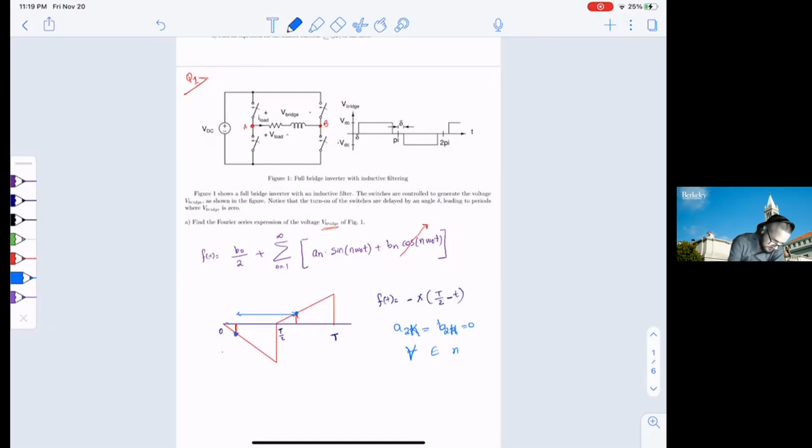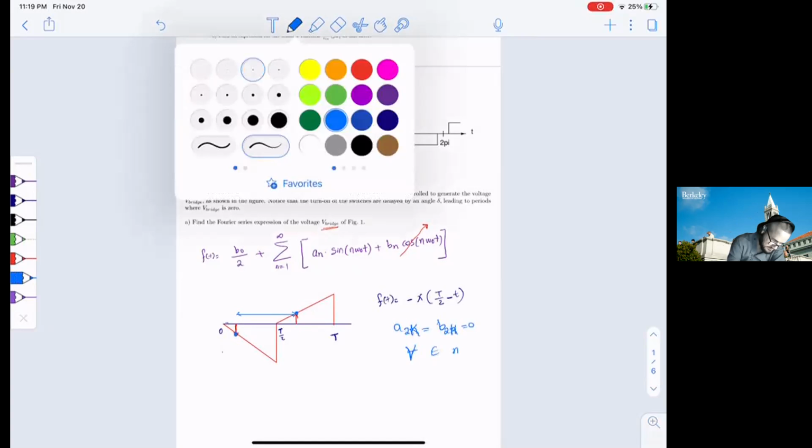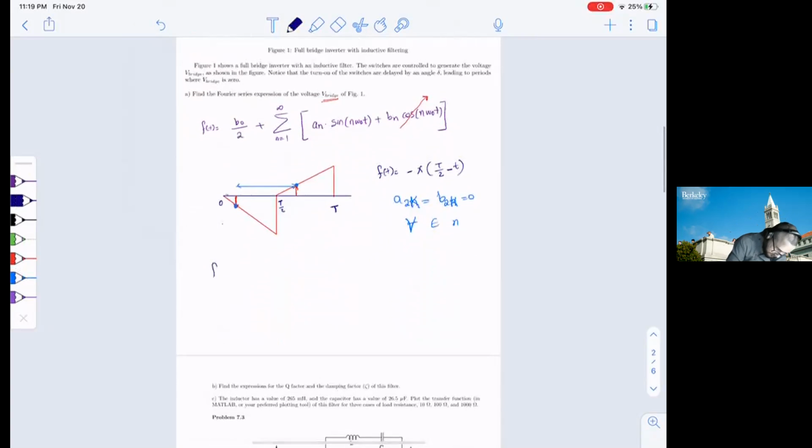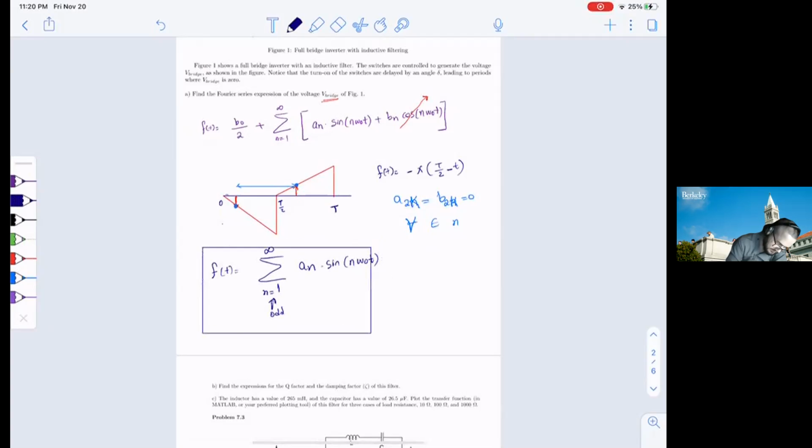That means the Fourier series for this function is going to look something like this. f of t is equal to the sum from n equals 1 over all odd n's to infinity of a sub n times sine of n omega naught t. So it should look something very close to this.